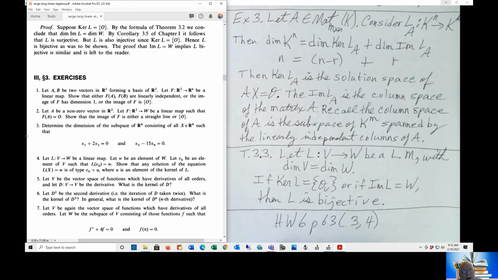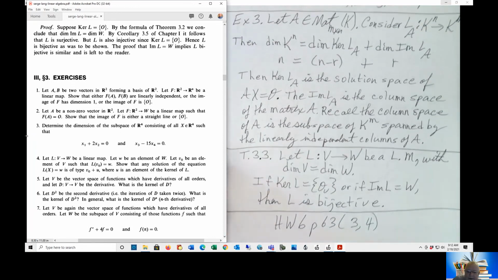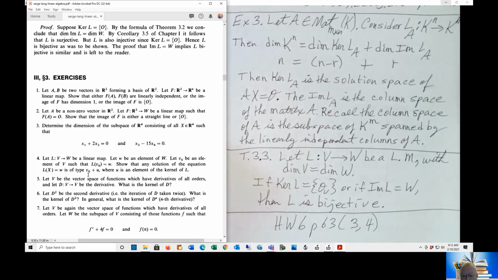The solution to a non-homogeneous linear system is equal to a particular solution, say v naught, plus any solution to the associated homogeneous linear system. So that concludes our lecture for 3.3.